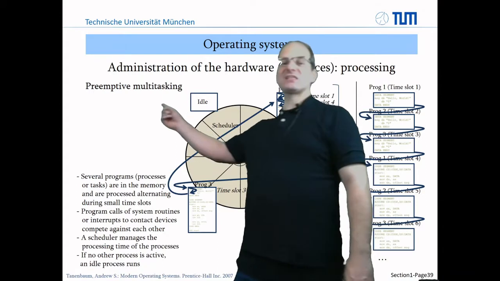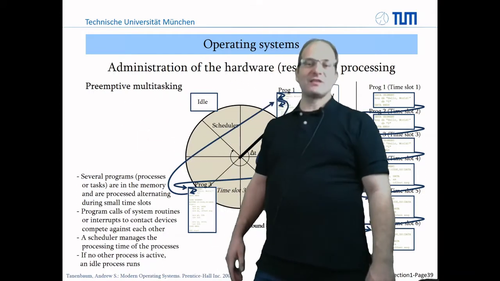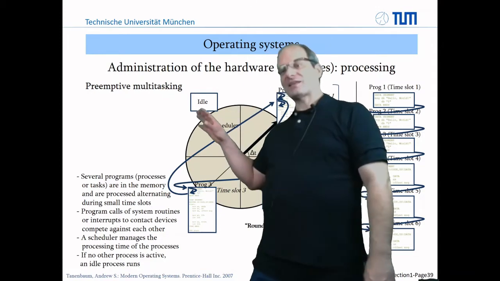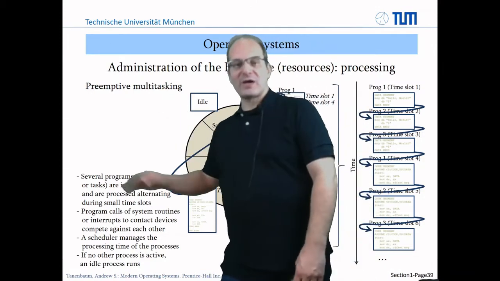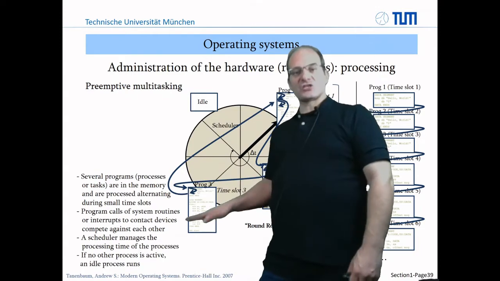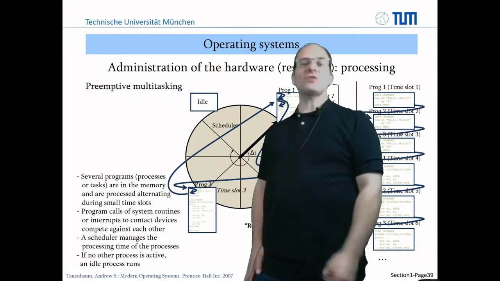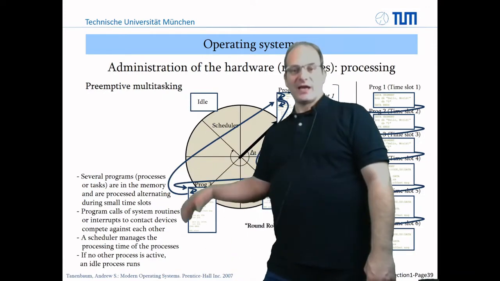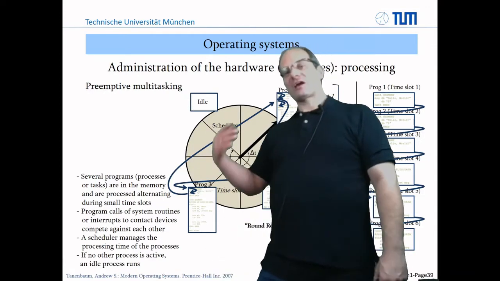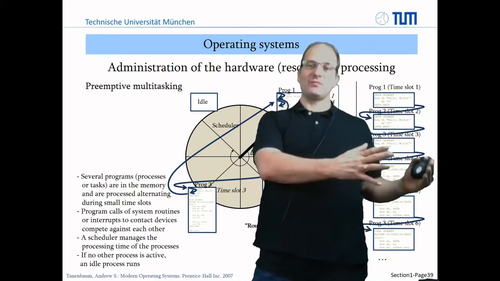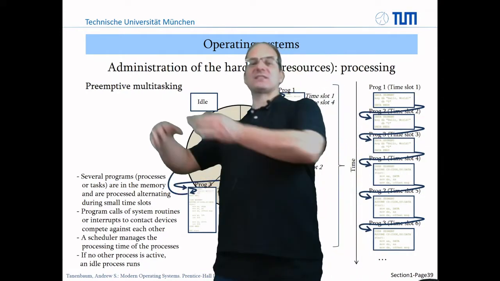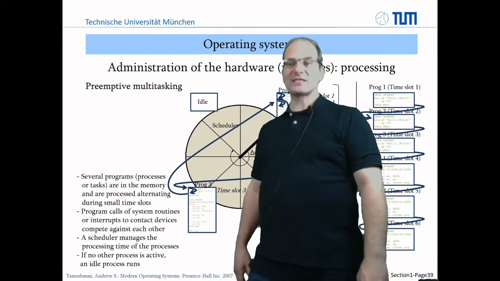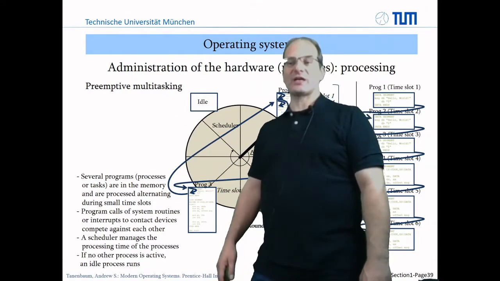The complete mechanism is named preemptive multitasking, because preemptive means that the operating system interrupts each time, and then it organizes the time slices and all of the programs which are currently active. So each time you start a program, it becomes a process, and each time a process is active, it is in this time slicing, and then you have this organization.